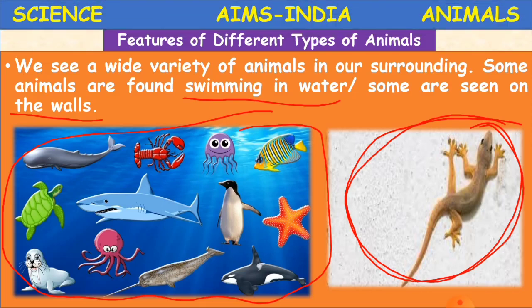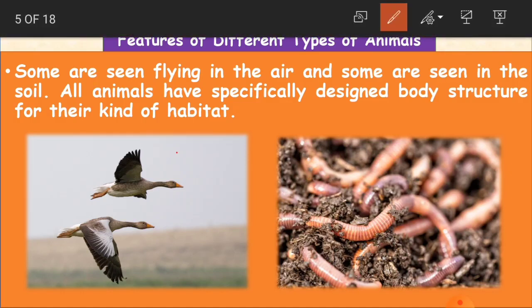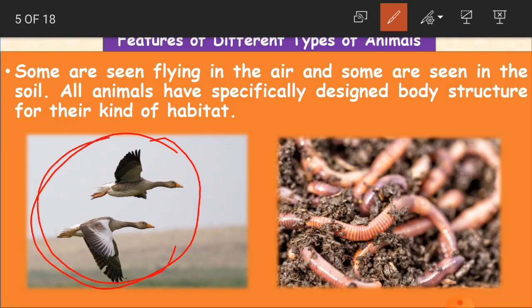Okay, children? Now we'll see other types of animals, like some are seen flying in the air and some are seen in the soil. See here in the diagram, you can see these birds flying in the air, and here these animals are in the soil. All animals have a specifically designed body structure for their kind of habitat.